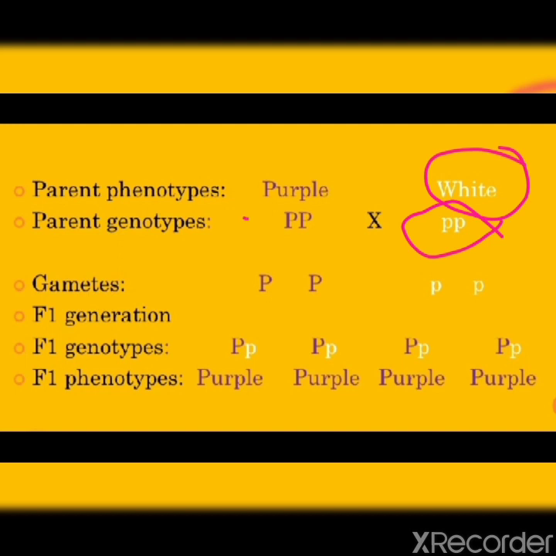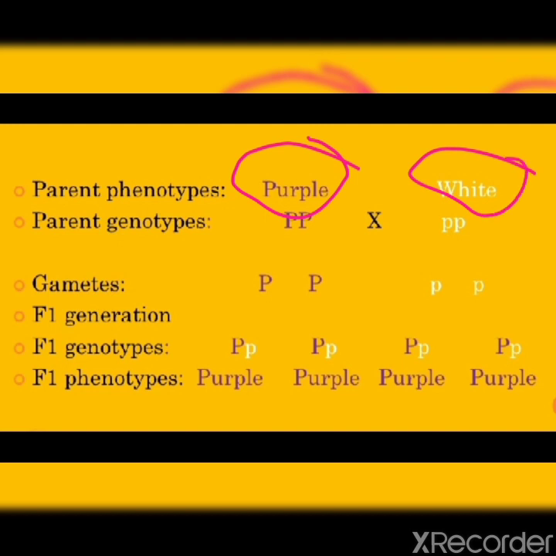So the parent genotype is capital P, small p. Now the gametes formed from these parents. This is a male and this is a female.